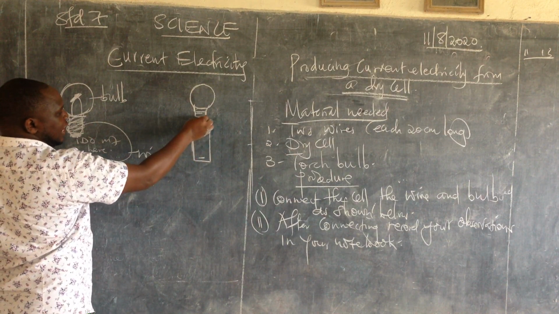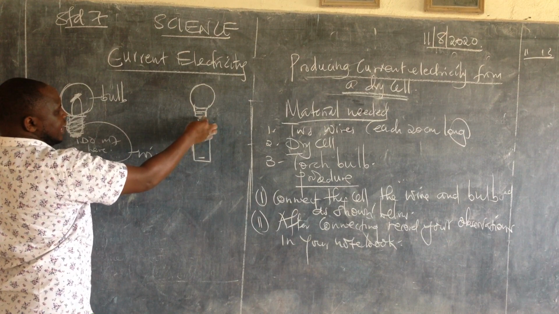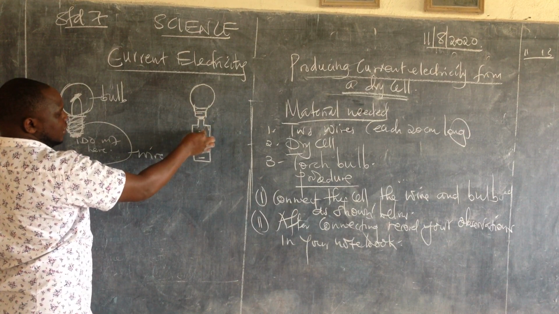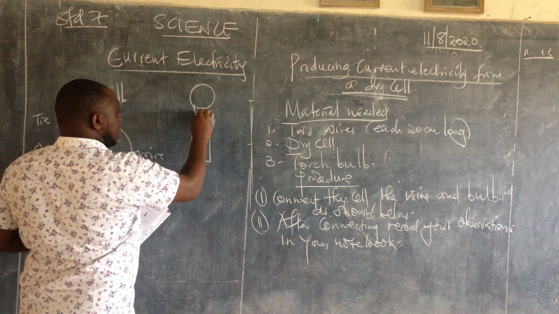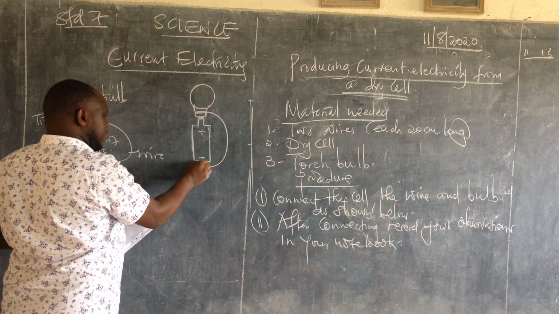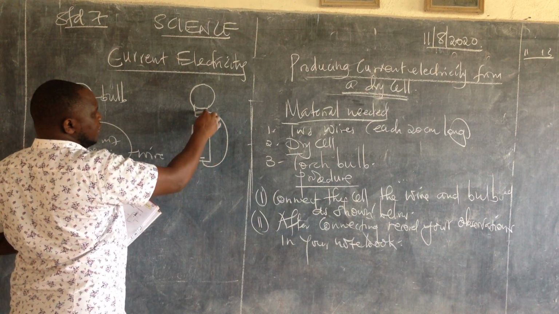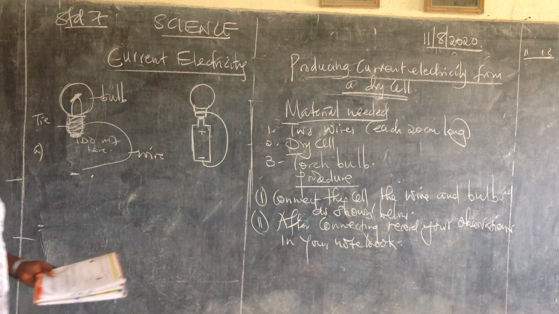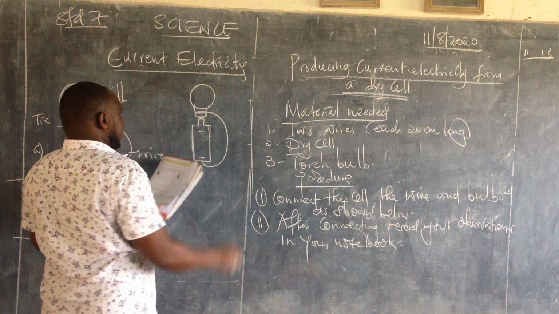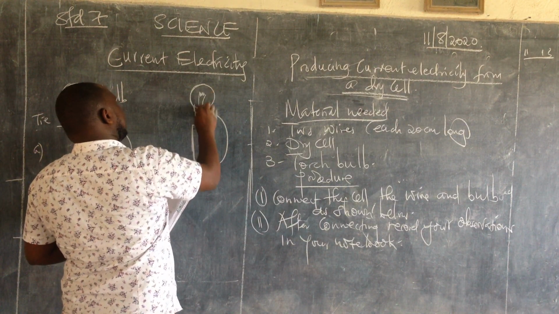So that positive and then this one is negative, the black thing: negative, positive, negative. So in this case, you have tied your wire here to that point. So from negative to positive, from positive to negative, from negative to positive. And that we call a complete circuit. So in this case, this will have what we call the filament.